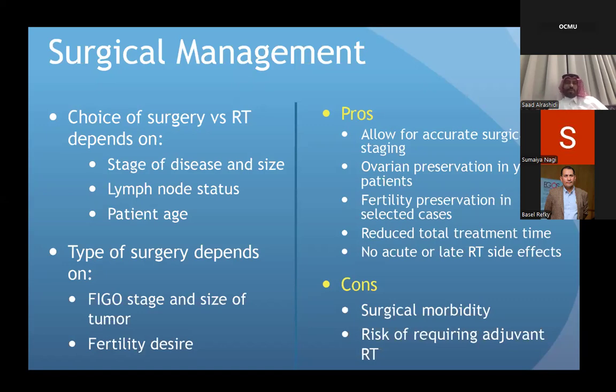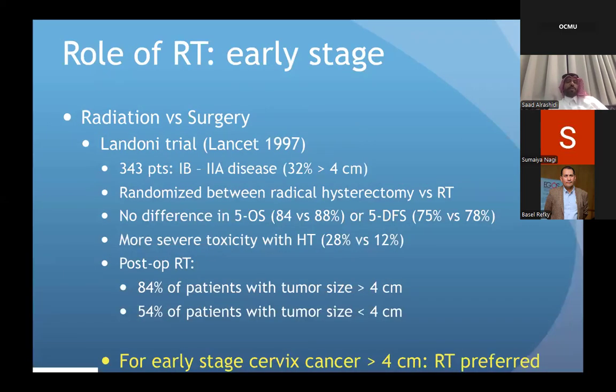If there is injury to the surrounding structures, risk of requiring adjuvant treatment. I would say not the surgical morbidity, but requiring adjuvant treatment is the biggest hassle for shying off the surgery. Role of radiation that I mentioned, I summarize for you here, is the Landoni trial or the Italian trial.